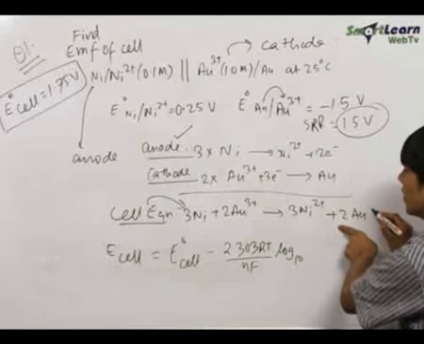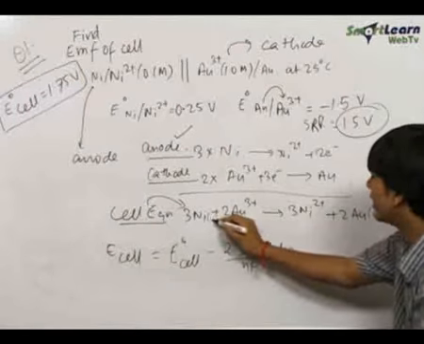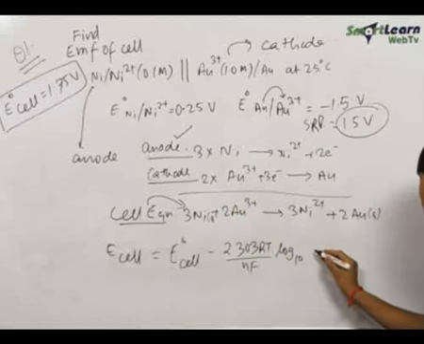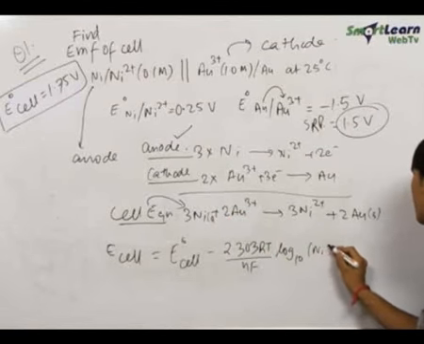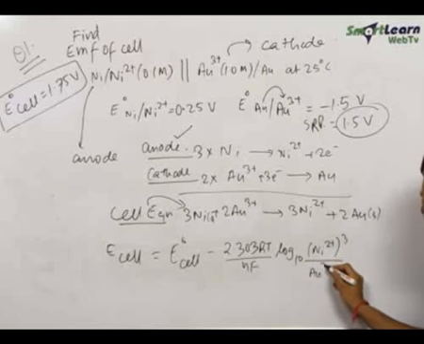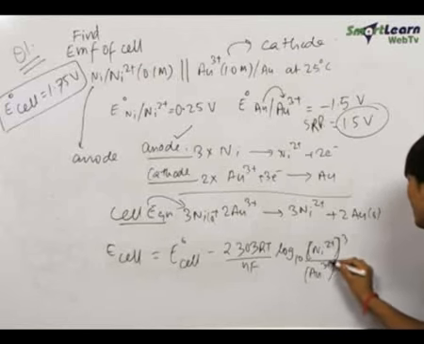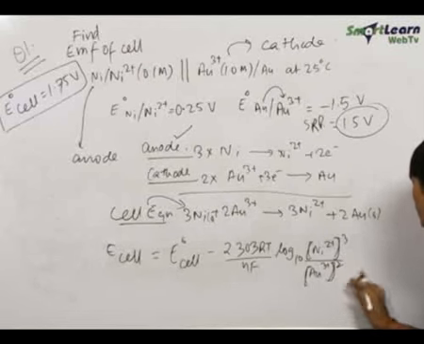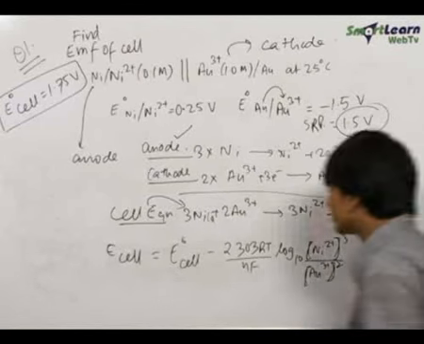Now since these are in solid state, we need not write their concentrations, which are constant. Therefore this will be nickel 2+ whole cube upon gold 3+ whole square.